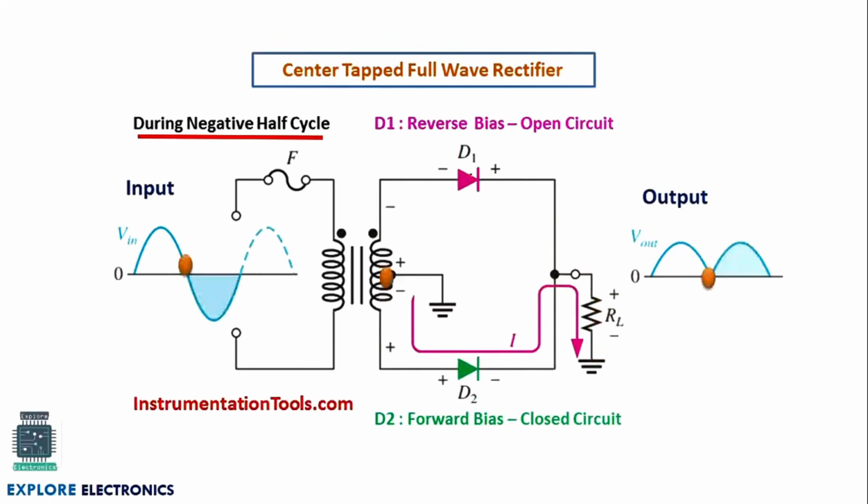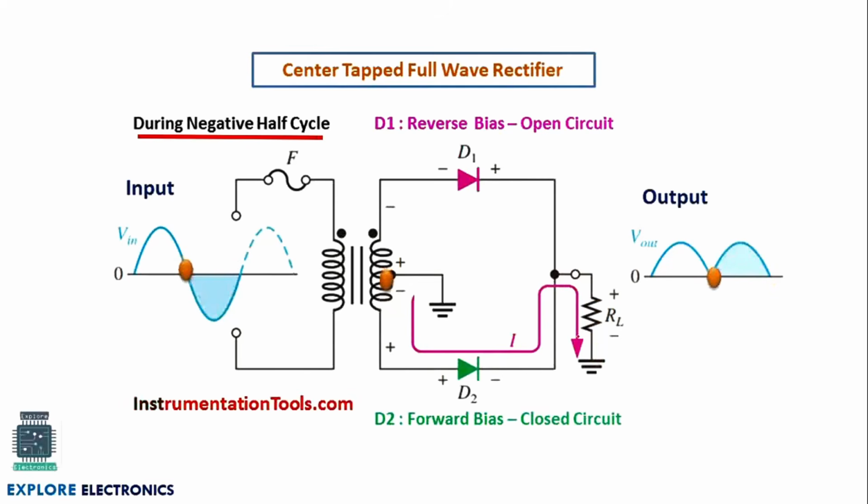That's why D1 will not conduct, only D2 conducts, and again the current flow through RL is in the same direction. Here the circuit is modified to make it easier to understand. You can observe the current flowing through RL in the same direction as the current flow in the positive half cycle of the input.